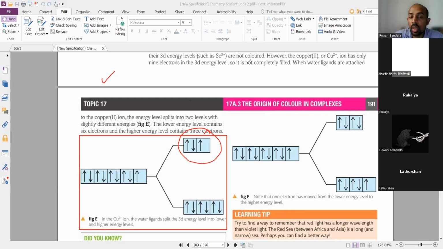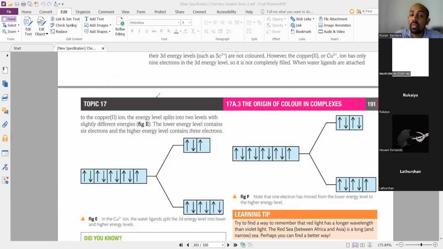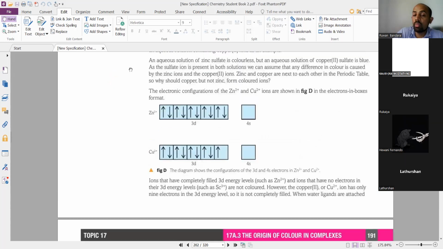Done. Now, that explains why zinc cannot behave like this, because its d orbitals are completely filled. Therefore, there will be no way of transferring electron from one d orbital to another.